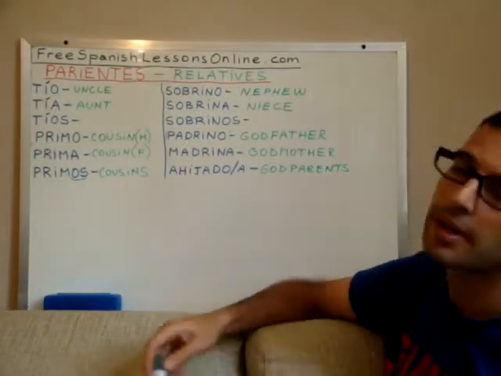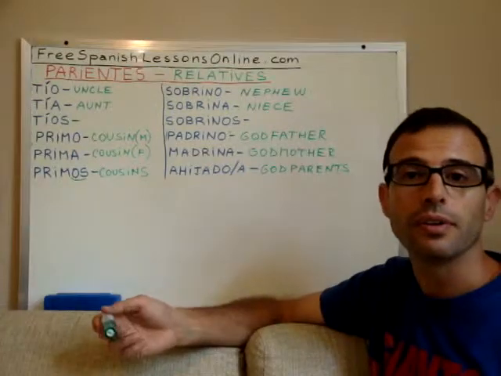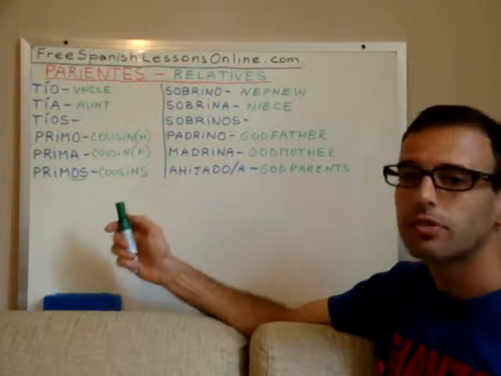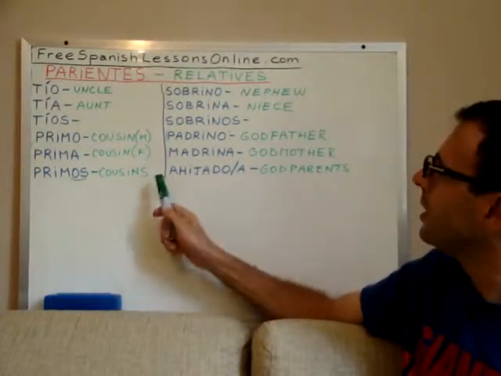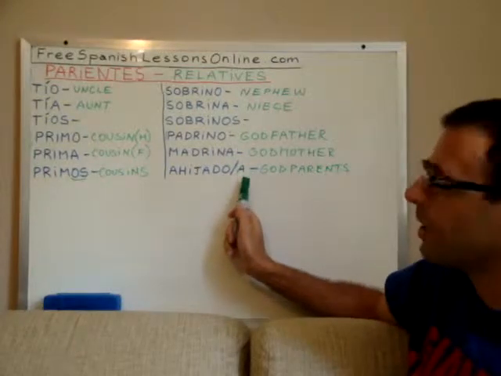And the godson, or I don't know if you call it like that in English, but the godson or goddaughter would be ahijado or ahijada, ending with A, right?